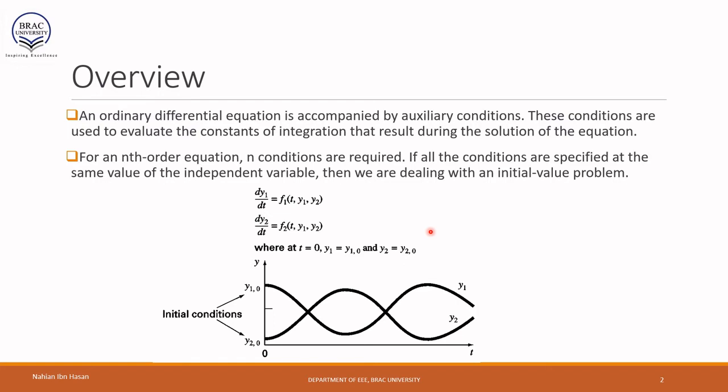So those were the initial value problems, because we are given the initial value of the function at the initial data point. Similarly, let's say I have a second order, third order or higher order differential equation. The number of conditions will depend on the order of the differential equation. If I have two differential equations, dy1 by dt and dy2 by dt, and I have the initial conditions at t equal to 0, that means at the initial point I have both of these conditions.